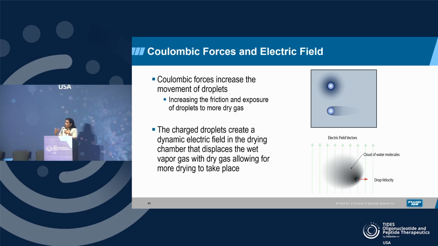So there is more efficient drying happening. At the same time, there is more evaporative cooling because of that release of wet vapor by the droplet. So the solids are always being protected.